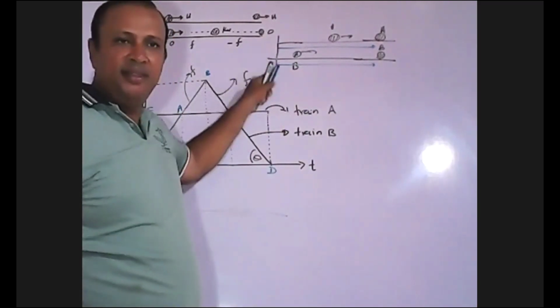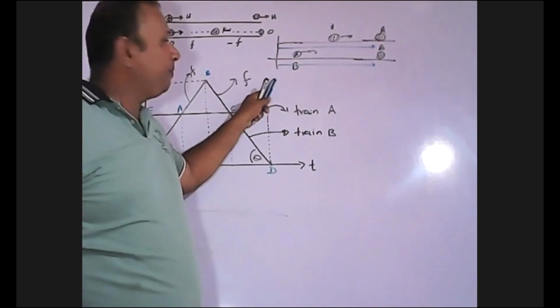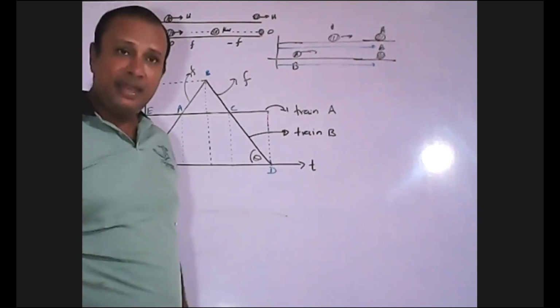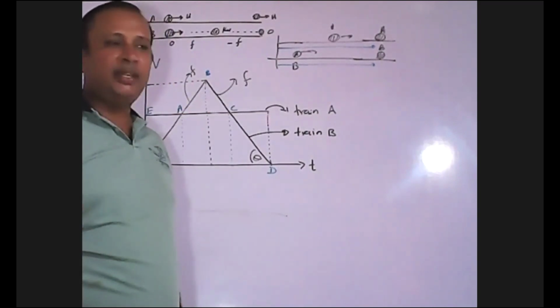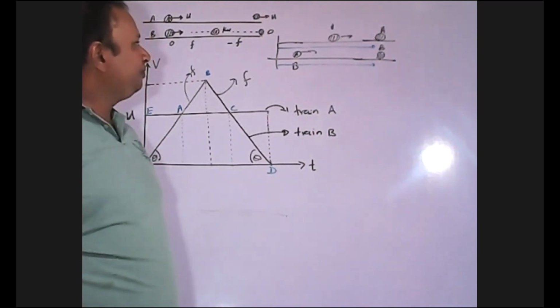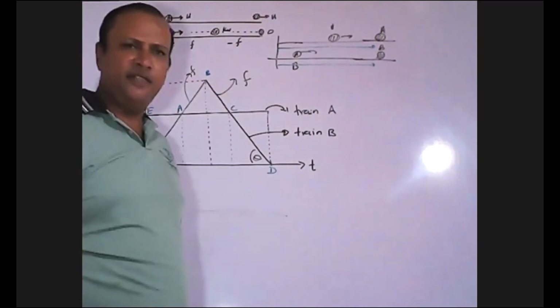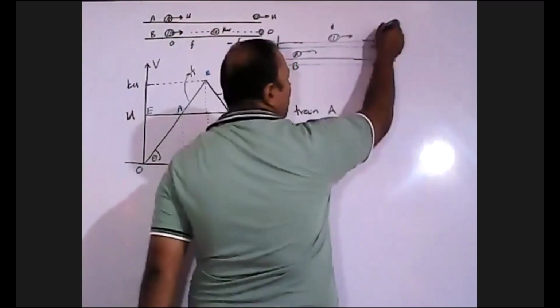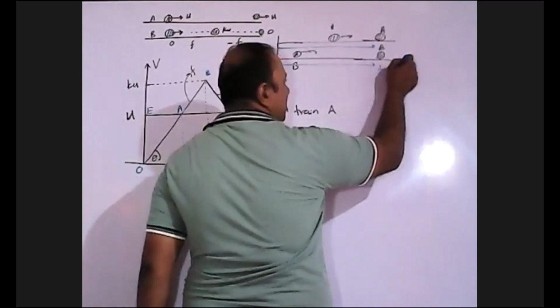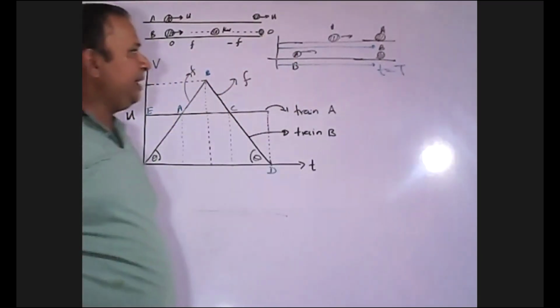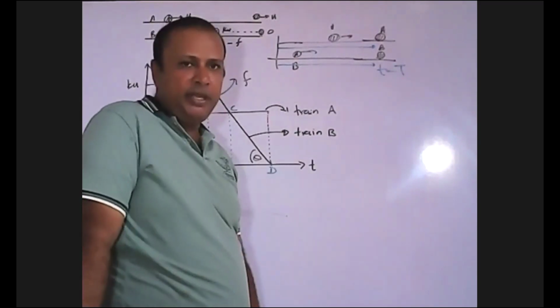This is the initial point of both of them. And they have started at the same instant, that means same time. Okay. Therefore, within a certain time period, suppose when B passes A, the time is capital T.